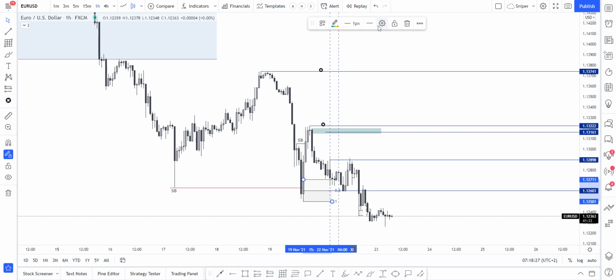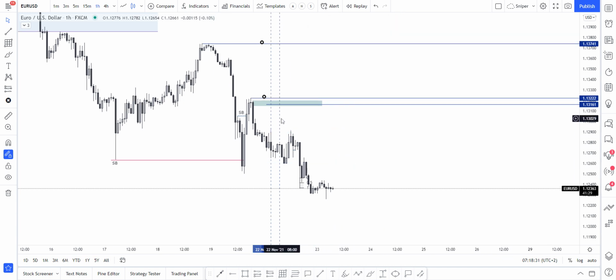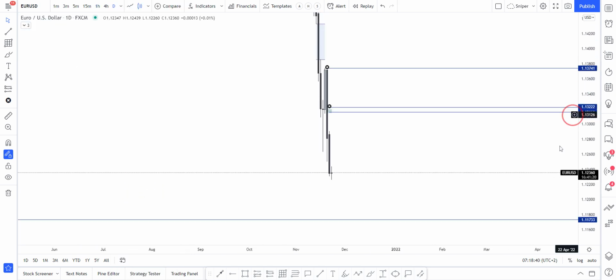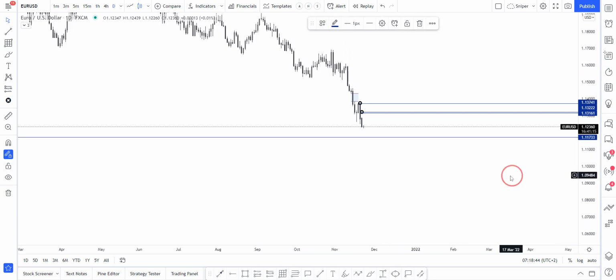Then for today, it's the EU I'm not liking too much because you'll see now, let's just take some of yesterday's stuff away. You'll see now that we are so far down that it doesn't really make sense. So this was the level that I'm looking for. I think I mentioned it in the weekly analysis.